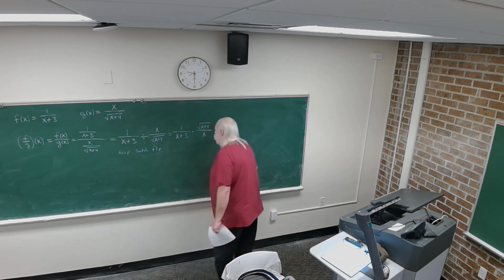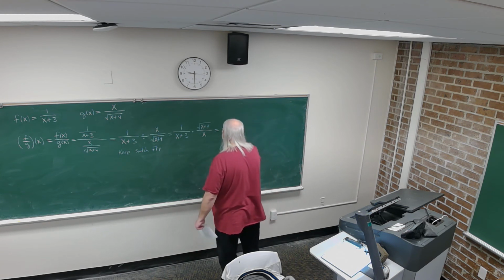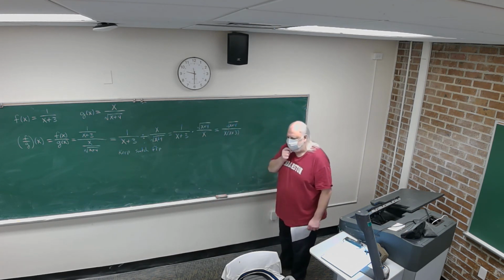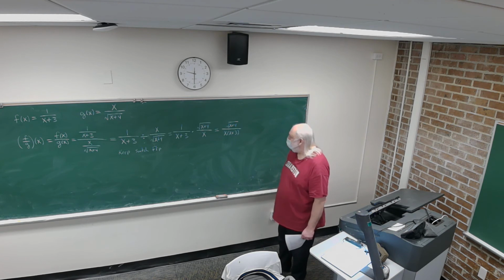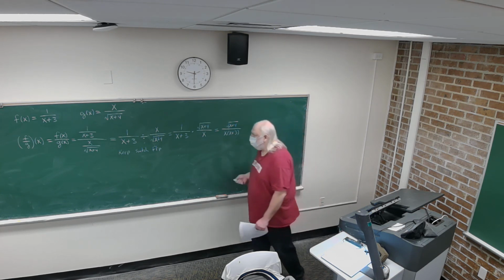And now you can multiply straight across, and we have square root of x plus 4 over x times x plus 3. I changed the order of multiplication from x plus 3 times x to x times x plus 3.